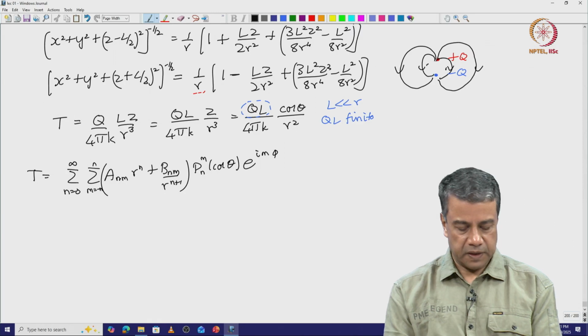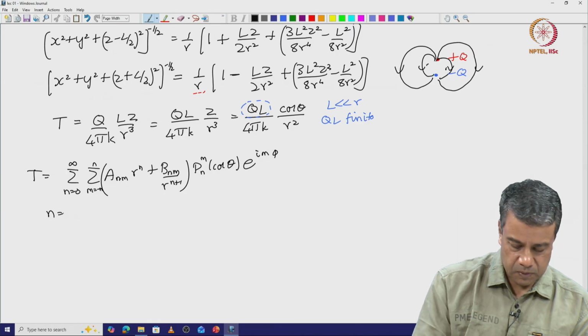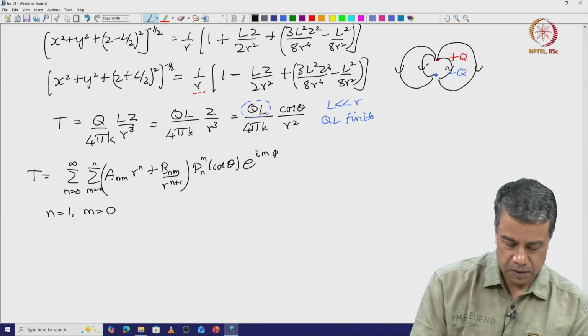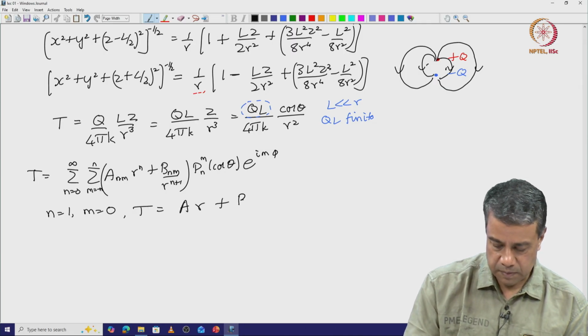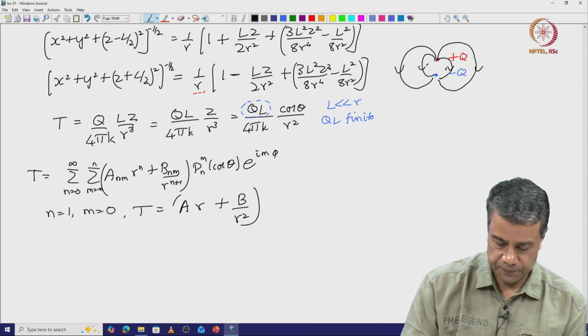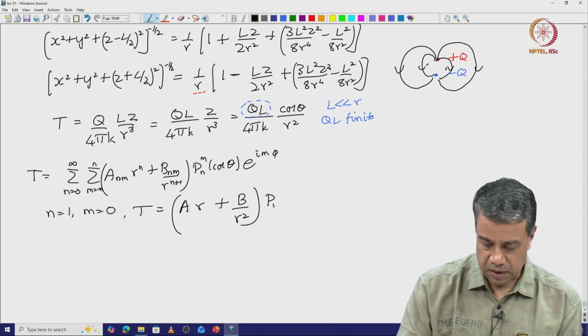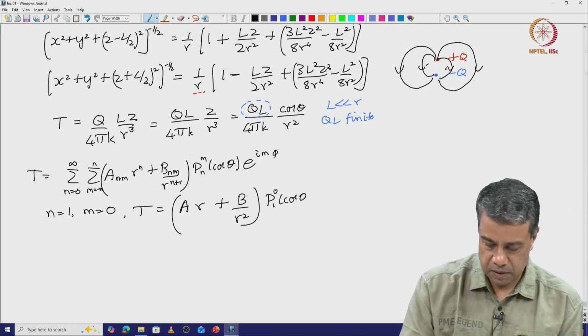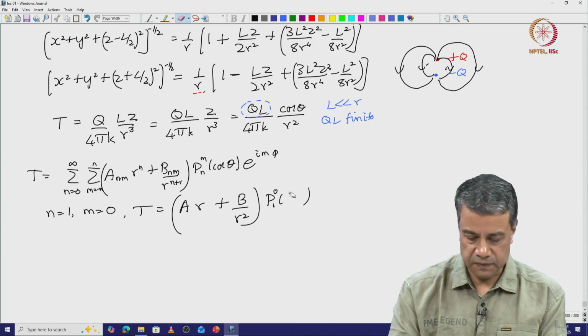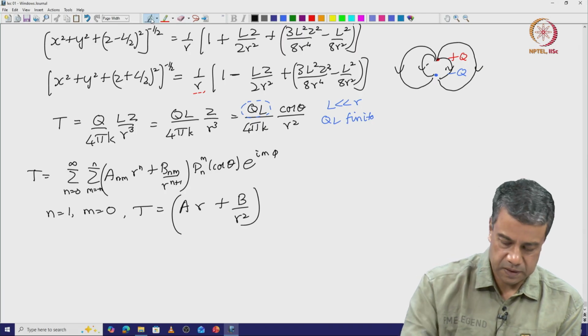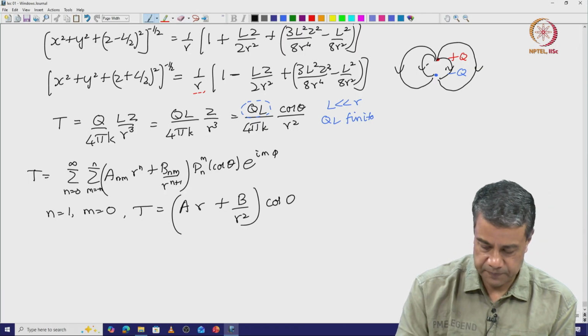If I take the term n is equal to 1, m is equal to 0, we get T is equal to A r plus B by r square, times P10 of cos theta. And P10 of cos theta was just cos theta itself.